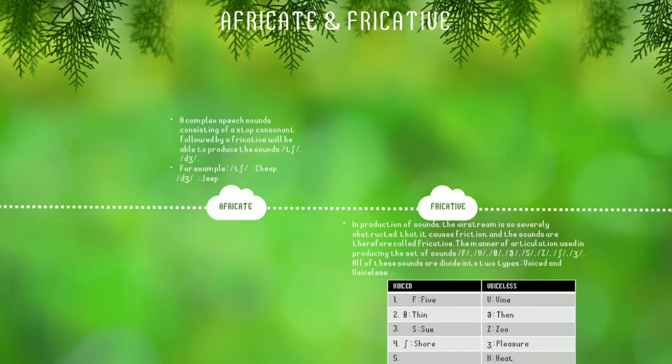All of these sounds are divided into two types, voiced and voiceless. Voiceless, the sounds are f, th, s, and sh. For example, the sound th in the word thin and sh in the word sure.